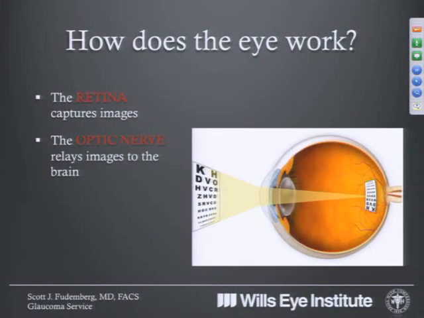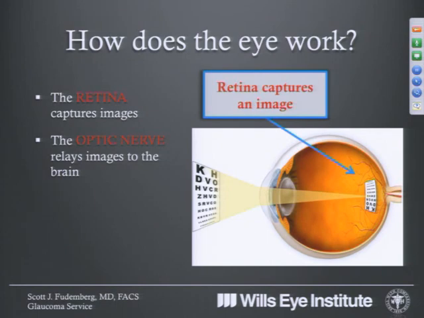And so that retina captures the images that you see, sort of like images in a camera are captured by film. And then the optic nerve transmits those visual signals from the retina, from your eye, back to your brain.